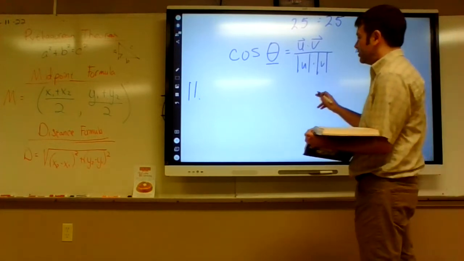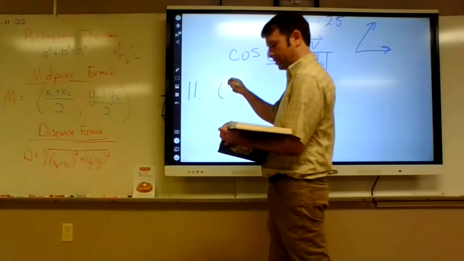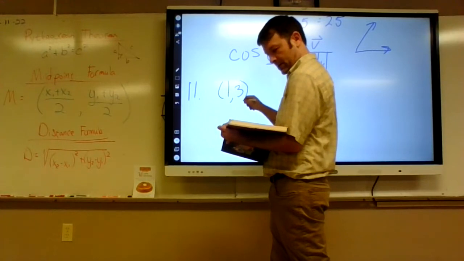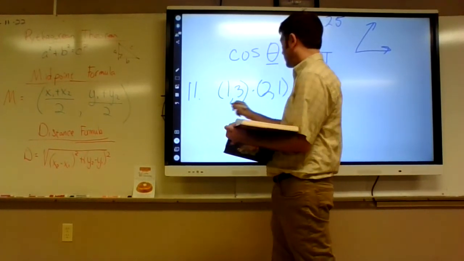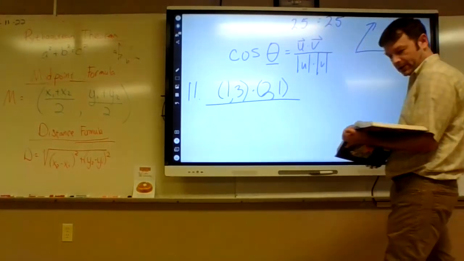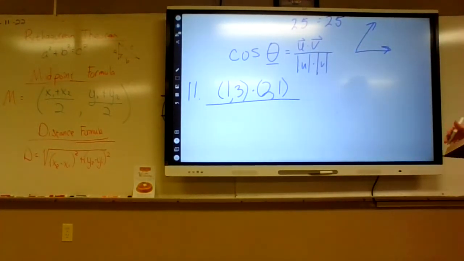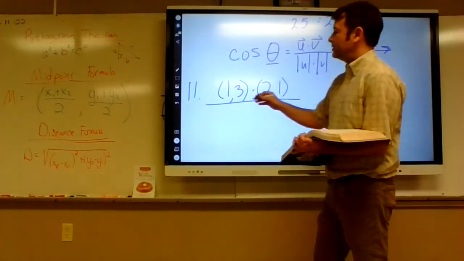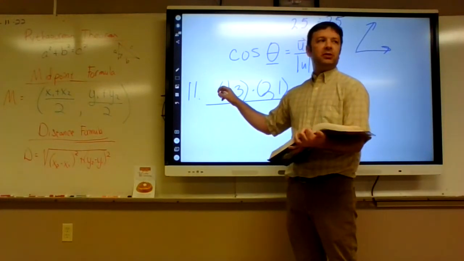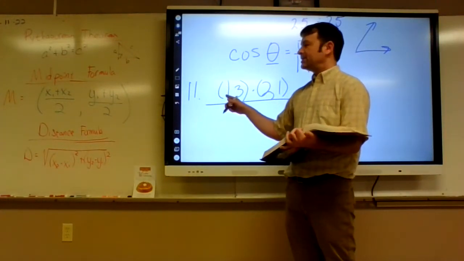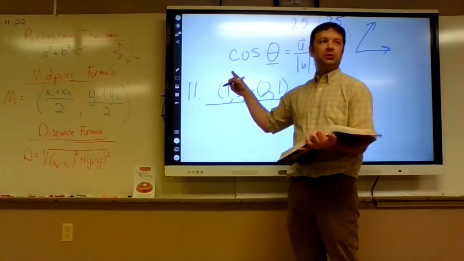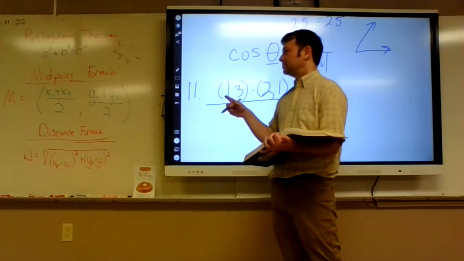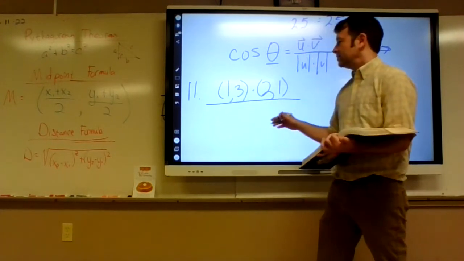Anyways, we're going to do (1, 3) dot (2, 1) divided by the magnitude. How do I find the magnitude of u right here? Three's on the left side of the triangle, like the height. One's on the bottom, and then the hypotenuse.